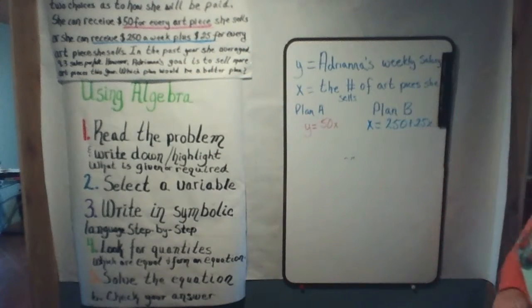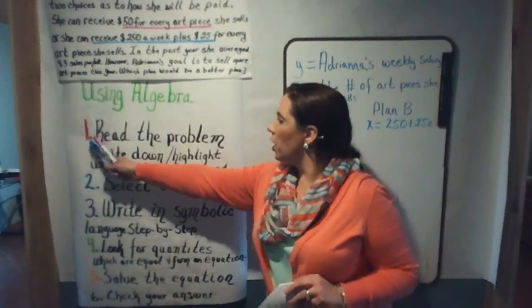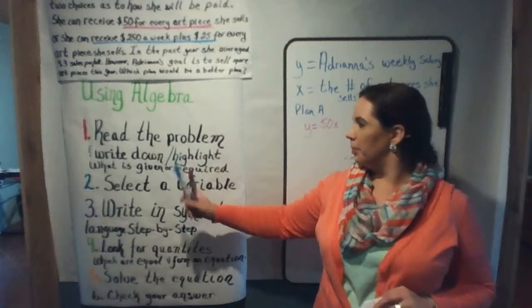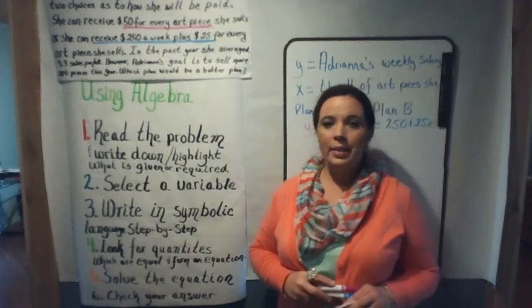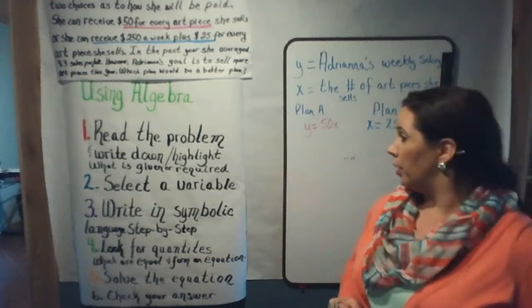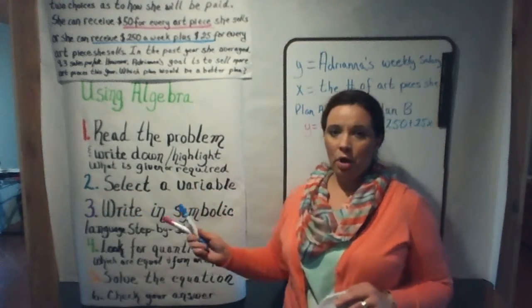Okay? So, using algebra, the steps are, first, you're going to read the problem. Write down and highlight what is given or what is required. Step 2, select a variable.